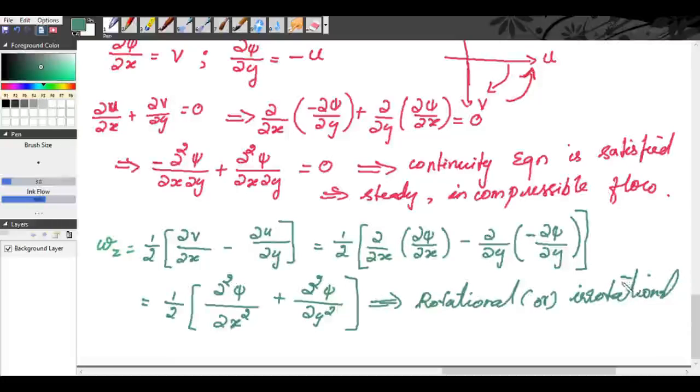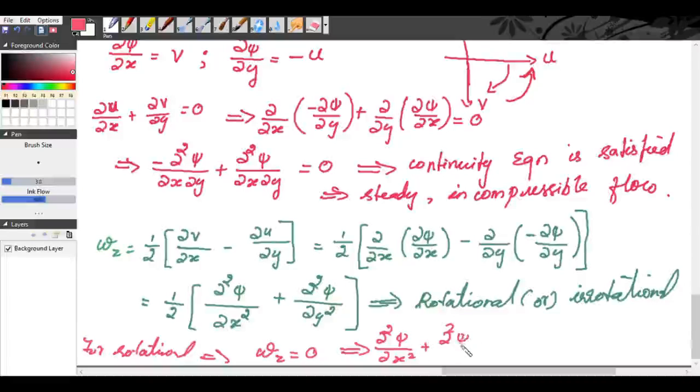It can be equal to 0 or it cannot be equal to 0. And if the flow is irrotational, omega z should be equal to 0, which implies dou square psi by dou x square plus dou square psi by dou y square should be equal to 0 for irrotational flow.